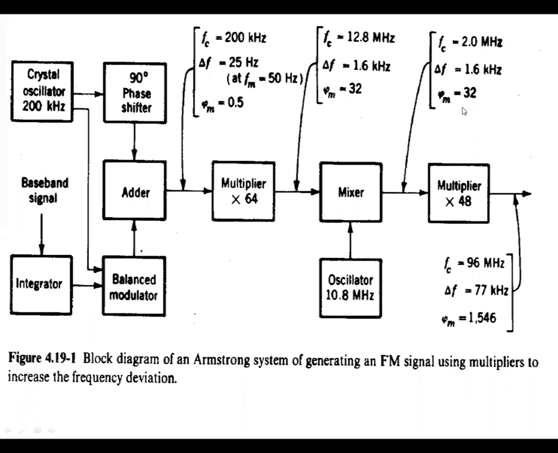And 32 into 48 is 1536. So the multiplier output FC is a 96 MHz signal. This entire block diagram is meant for generation of the 96 MHz signal at the output.